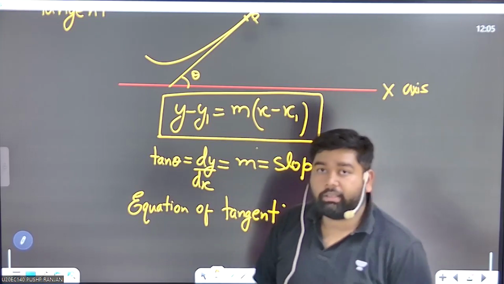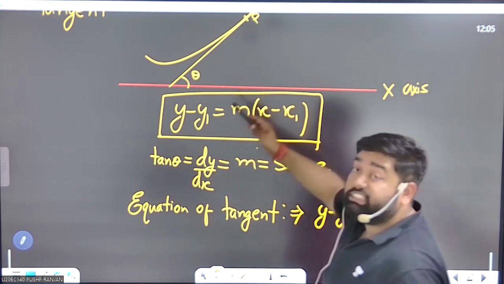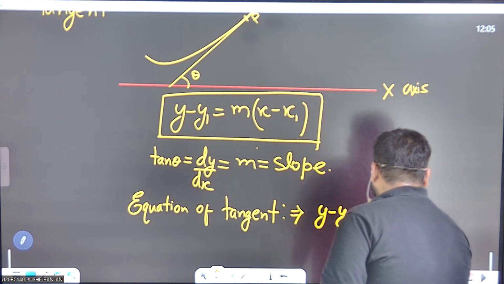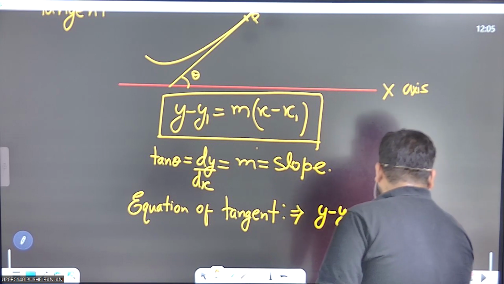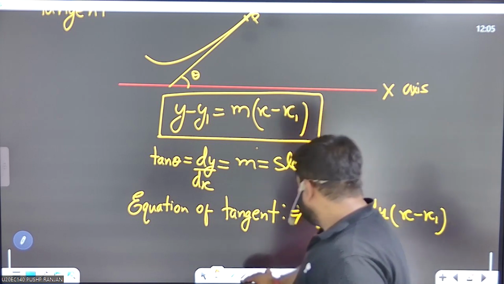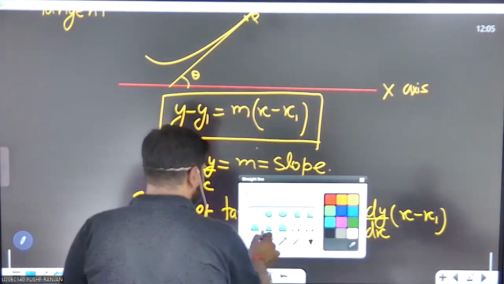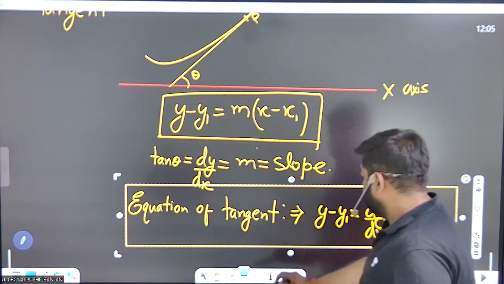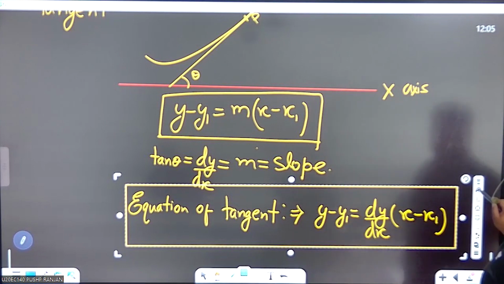We can write dy by dx instead of m, times x minus x1. This is nothing but the equation of tangent.